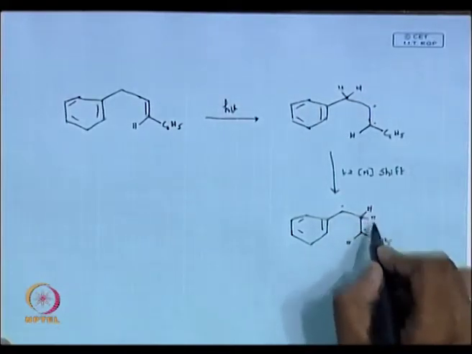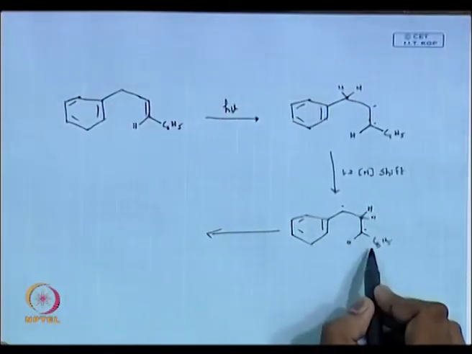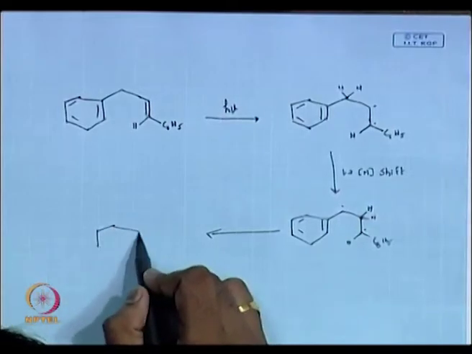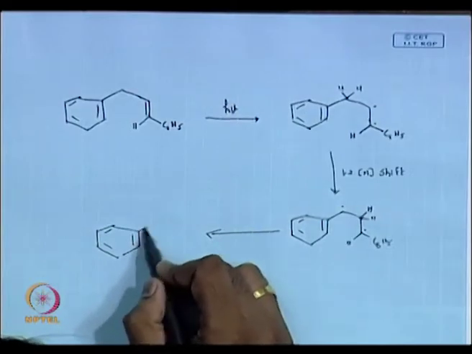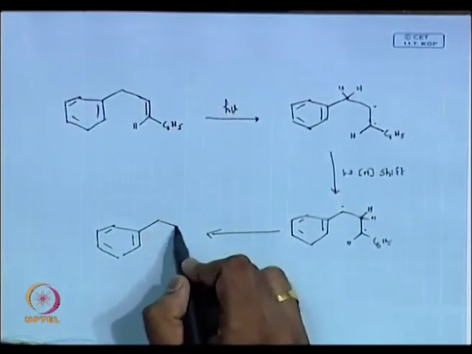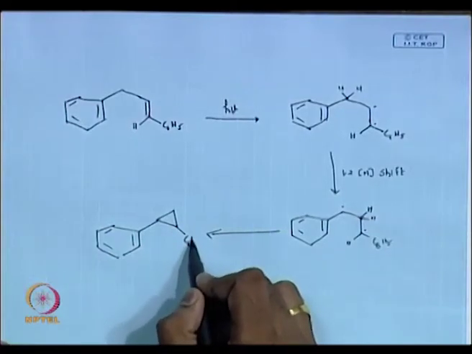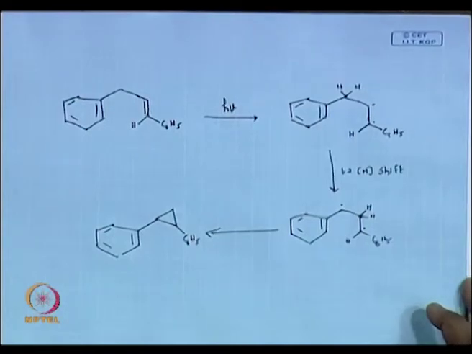So, you can have your 1,2 hydrogen shift, then you can cyclize this, fine. These are some good reactions, you have to understand them.